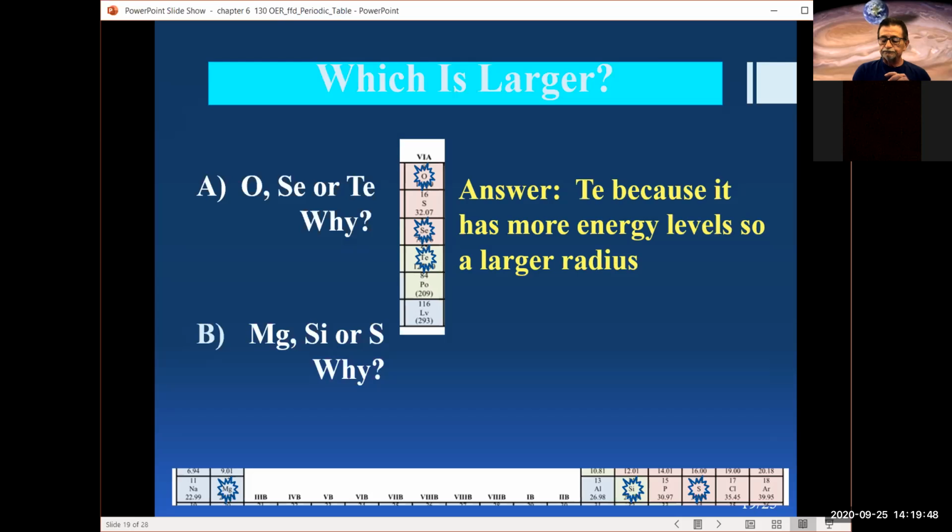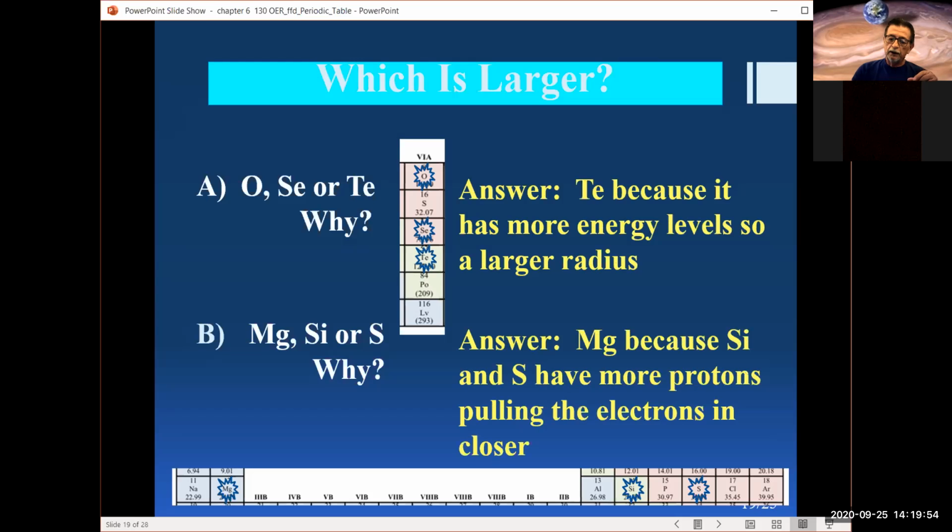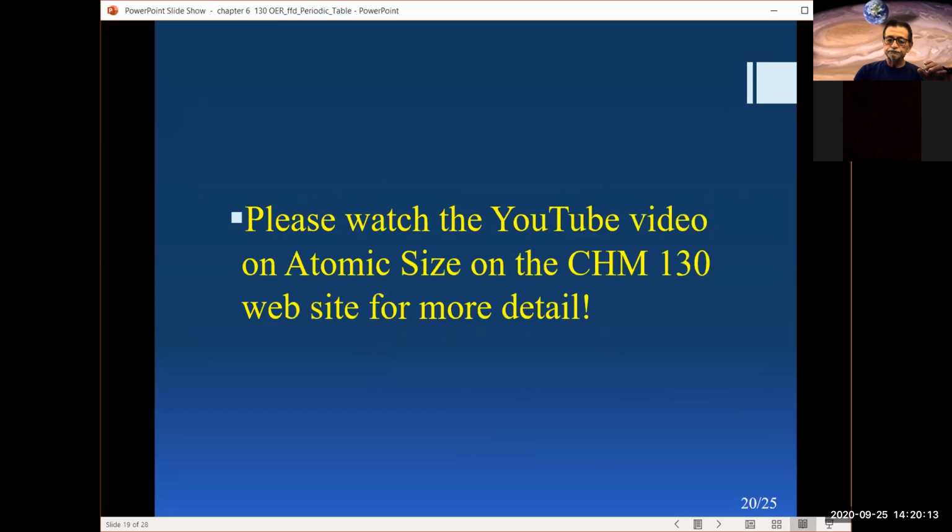And obviously, the trend going from left to right is that it gets smaller, but other than just regurgitating the trend, go on to explain why that is the case. And that's simply because we got more protons and we're pulling the electrons in closer as we go from left to right on the periodic table.